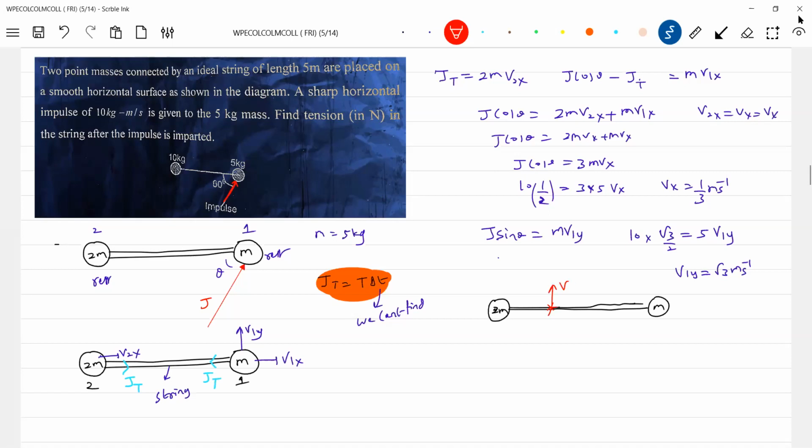So let me first calculate the velocity of center of mass. I'm interested only in VCY. VCY should be equal to mv1y by m plus 2m, so this will be 1 by root 3.